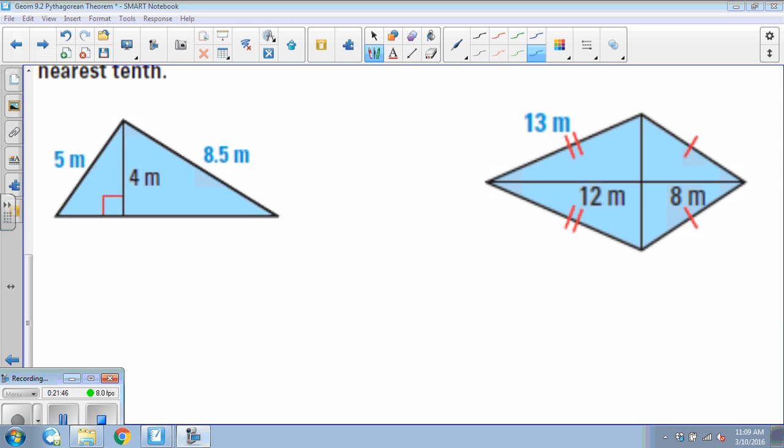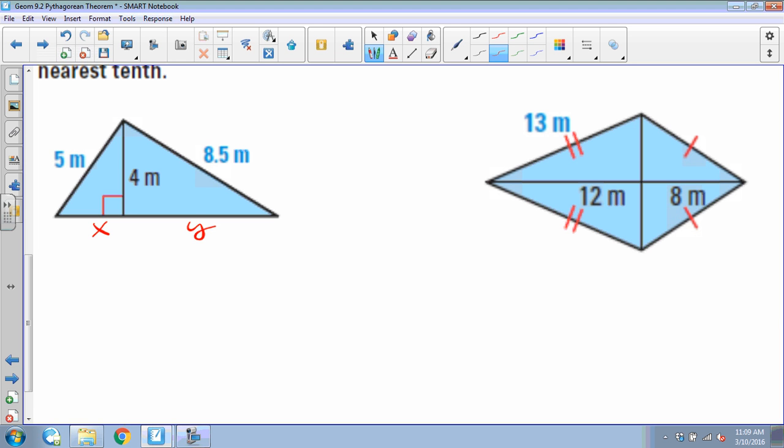And so the only thing I can do is I can find that base, and then I can find that base and add them together. Or you can find the base, then you can find the area of this one added to the area of that one. But that's more work. Okay, so we need to find x, then we need to find y, and we need to put those together, and then that will be the base for the whole triangle.